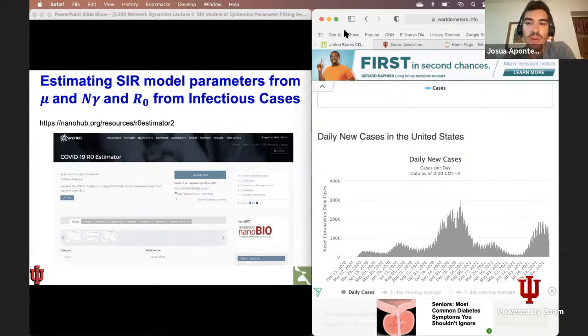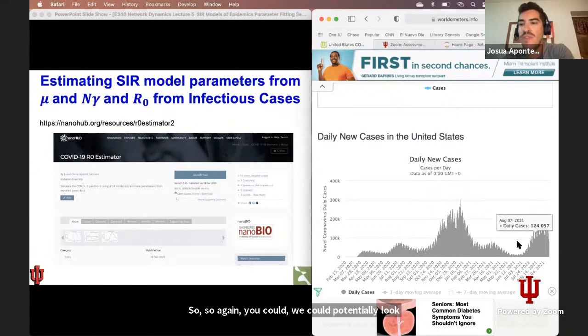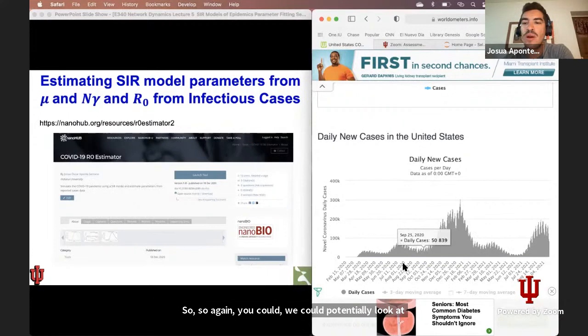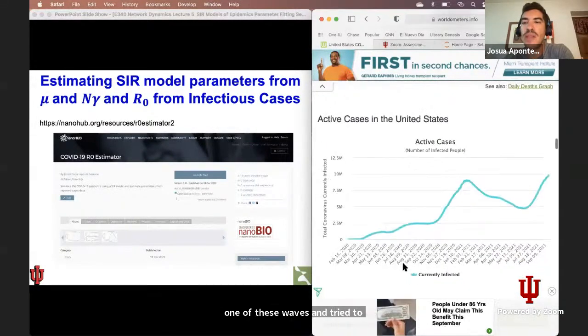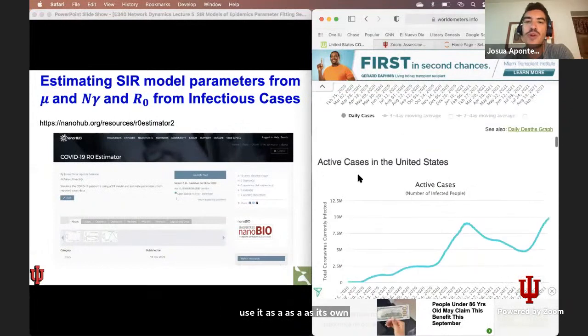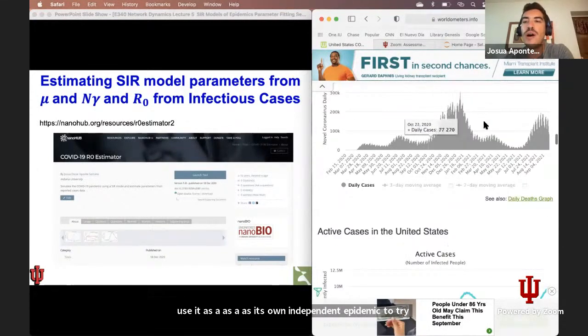So again, we could potentially look at every one of these waves and use it as its own independent epidemic to estimate, okay, what was R naught during this phase, what was R naught within this phase.